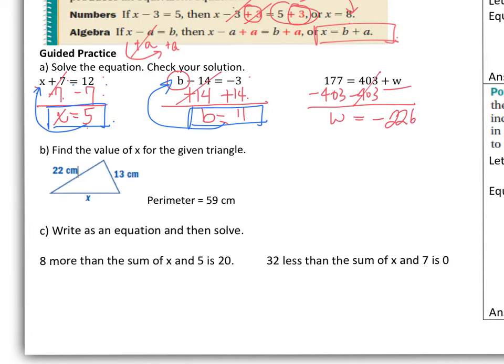I'm going to do a quick check in my head. 403 subtract 226 gives me 177.